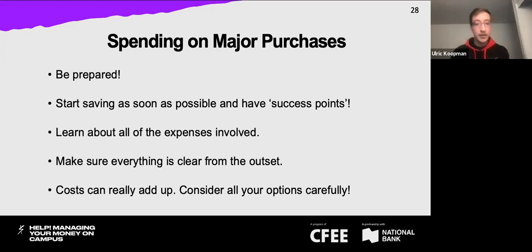Break bigger savings goals, perhaps set over a few years, into monthly goals and celebrate your successes when you accomplish goals. Learn about all the expenses involved. Do you know how much mortgages are and how they work, and how much car loans cost? So make sure you do your research before buying.